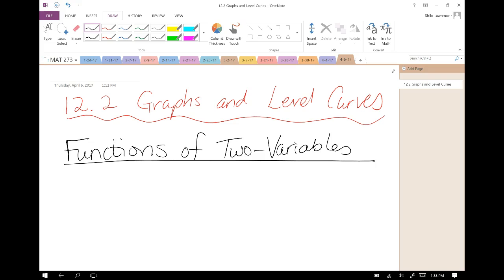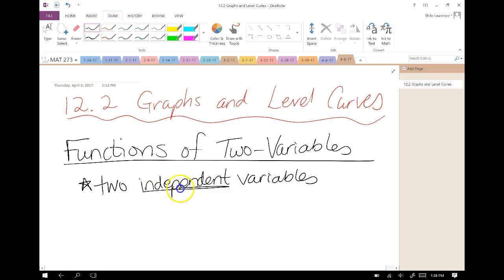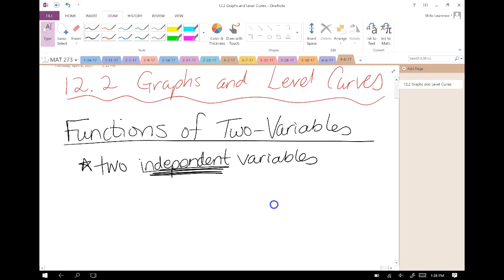But what they mean when they say functions of two variables is two independent variables. So these are like our surfaces. These would create surfaces in 3-space.